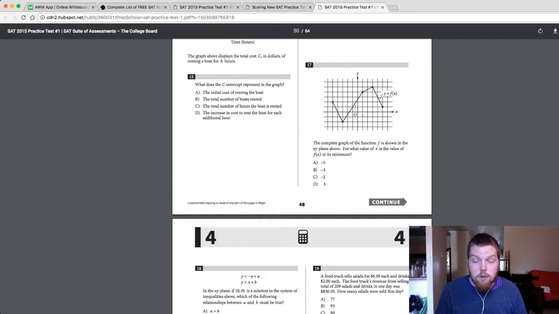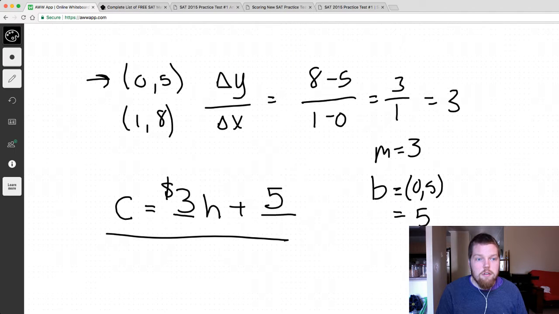So for this one here, you need to know how to identify a minimum and a maximum for a function. And we identify the minimum or maximum with the y, because the y is the output, so the y is the highest here and it's the lowest here. And then for what value of x is the value of f of x at its minimum, we need to know that f of x at its minimum means when is y at its minimum, because f of x can also be written as y.